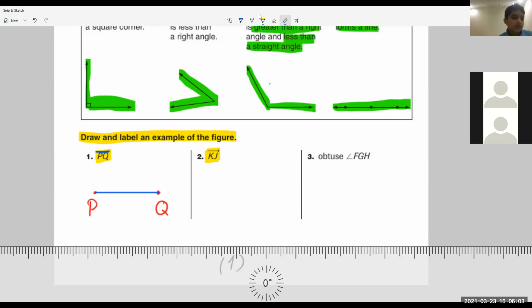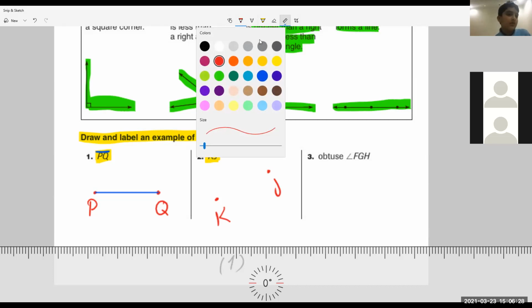So how can we draw a ray? So first of all, as we all know, you have to label the 2 points first. Yes. So it will be K, J. And then how can we draw? How can we start? So start from K or J? K, because it's a starting point, right?